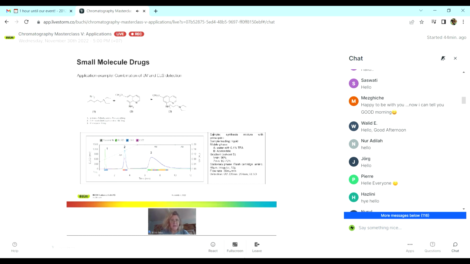You see that the first one, your starting material, you can only see via ELSD and not via UV. If you had chosen only UV, you wouldn't have seen this impurity. And it's a problem if the impurity overlaps with your target compound. In this case, all are perfectly separated, so it's not a problem. But as soon as you get an overlap, it's an issue if you don't see your impurity.